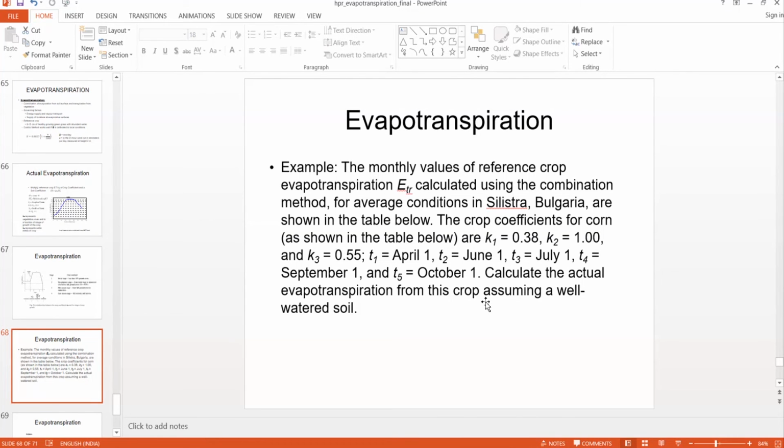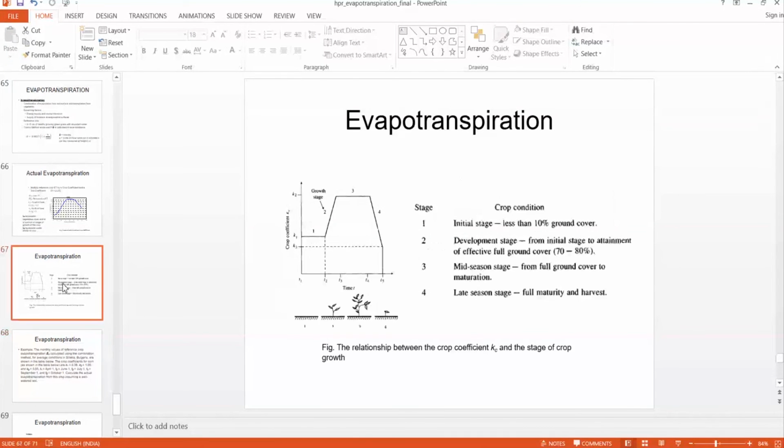So that is nothing but Kc. So Kc is given. If you look at this, they are given K1 value, K2, K3. So you can see that here. K1 is this, K2 is this point.